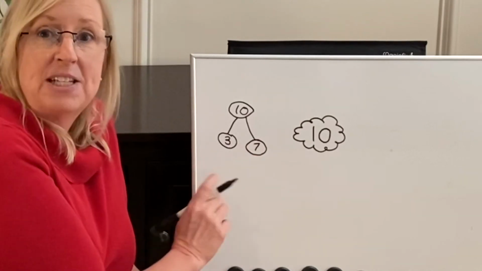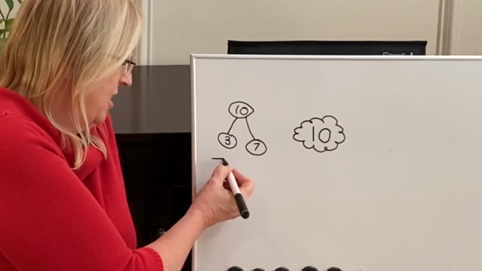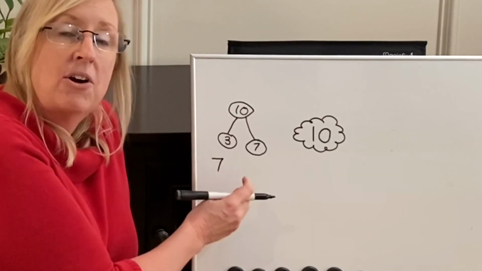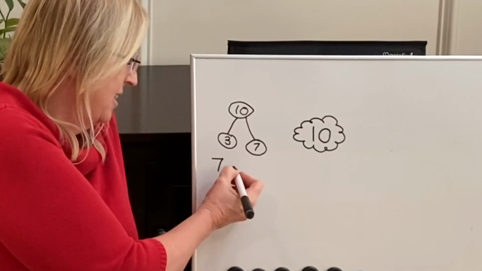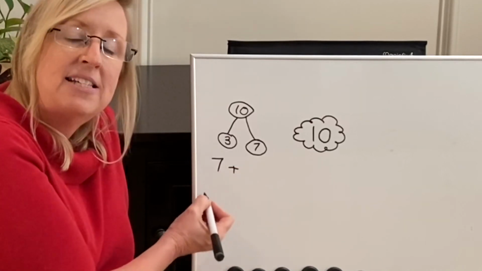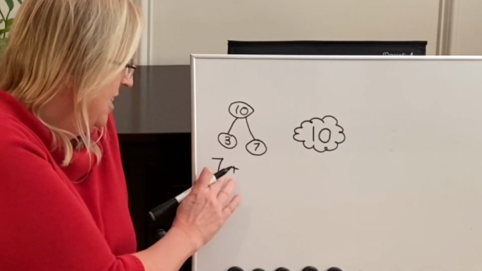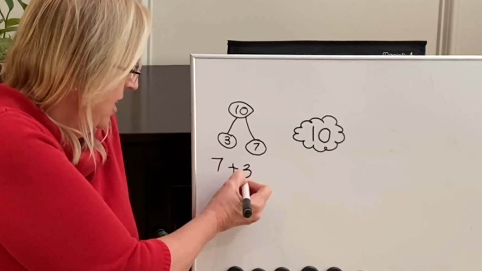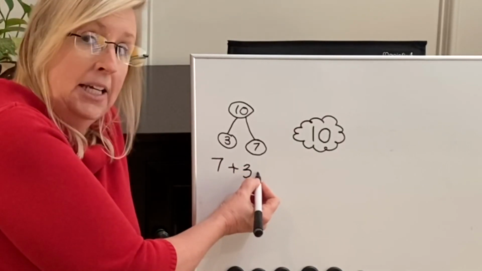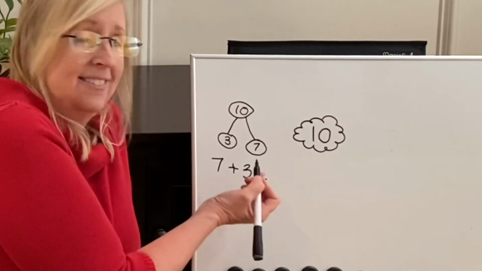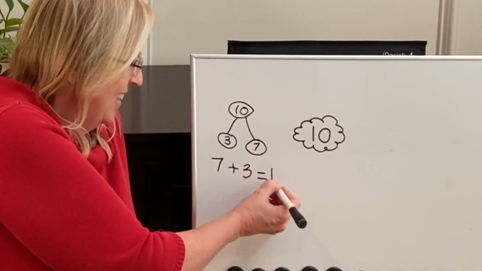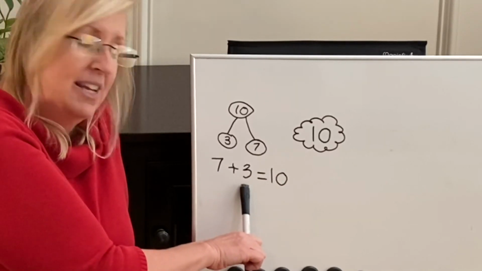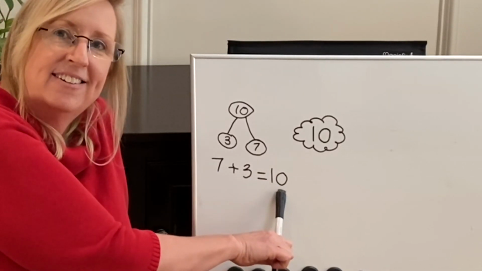I'm going to start with 7. That's one of my parts. And I'm going to write the number 7. And when I'm doing the parts first, I know that the plus is the symbol I need. That's the one that means and or putting together. 7 and or plus 3 equals, easy, 10. 7 plus 3 equals 10.